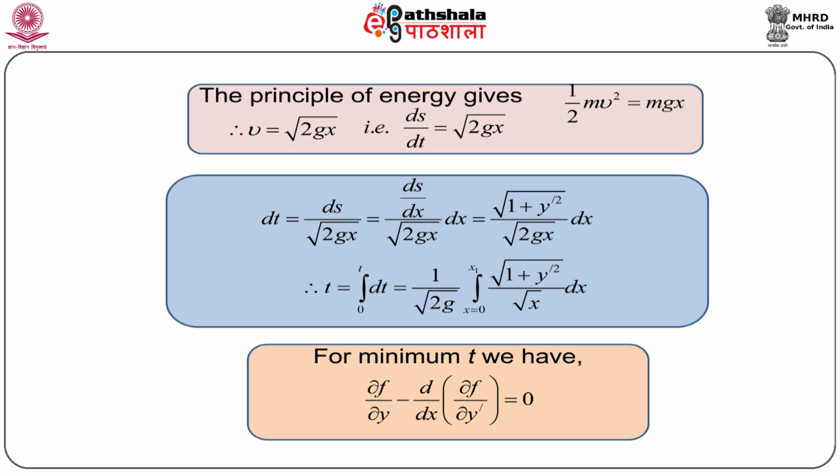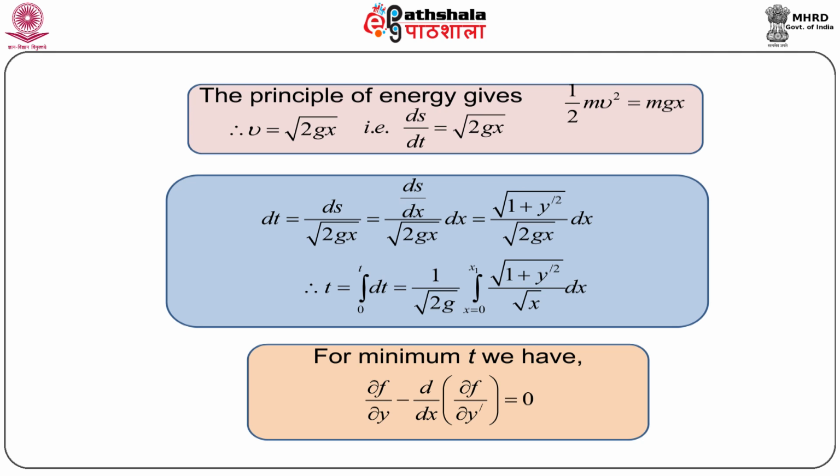From this we get v equal to square root of 2 g x. Here we have taken the positive sign since we are considering the velocity. v can be written as d/dt of s, where s is the arc length. Therefore, ds/dt equal to root over 2 g x. This can be written in this way.